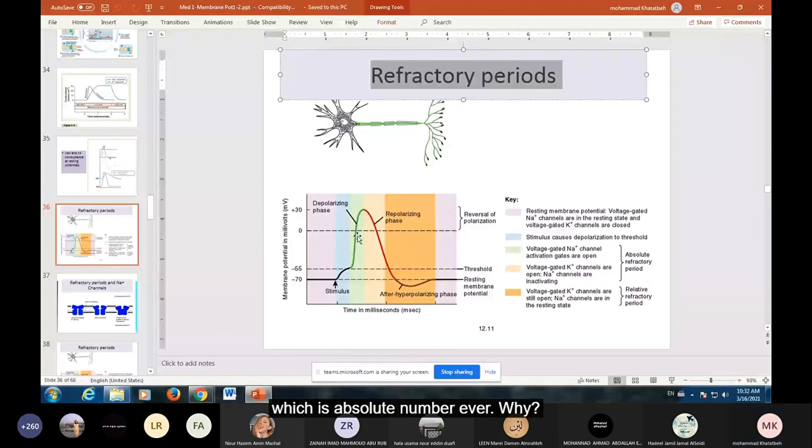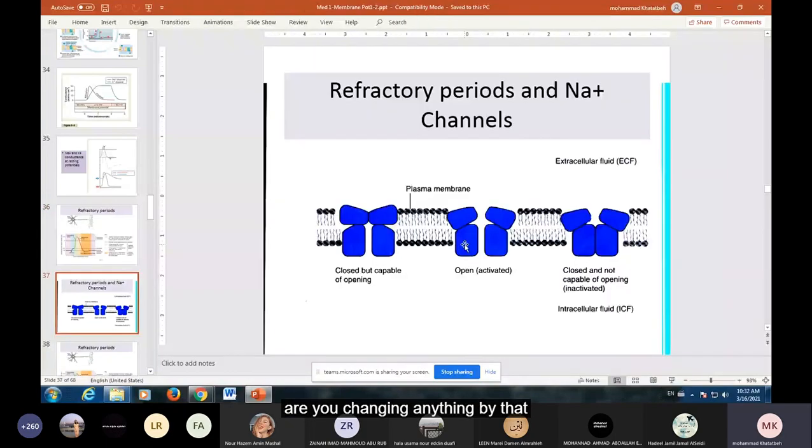It is absolute, never ever. Why? Simply ask yourself, what is the purpose of stimulation? It is to cause these channels to open. If you already have them opened, are you changing anything by that stimulation? No. Nothing.